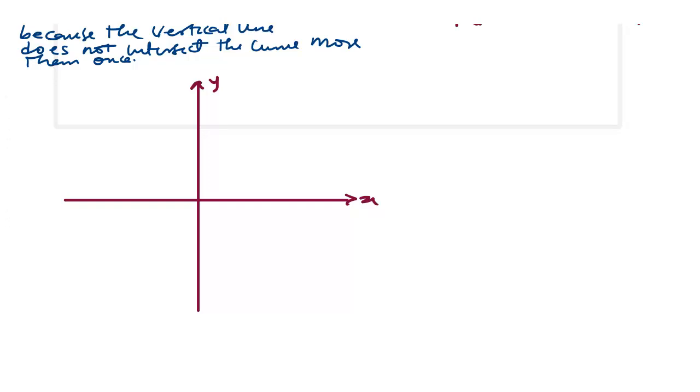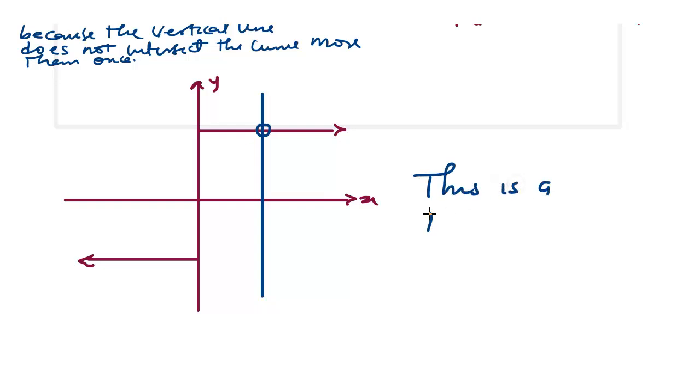This is part of the line, and this line also goes like this, with an arrow showing that. Now we have a vertical line like this. If you look at the vertical line, it only intersects this particular curve once. So this is a function, because the vertical line only intersects it once.